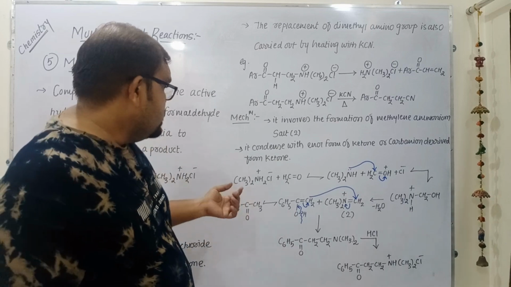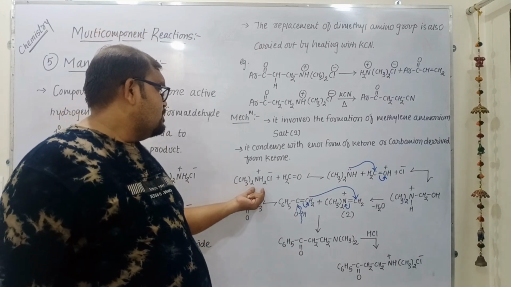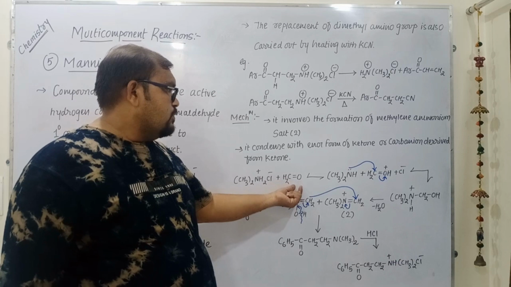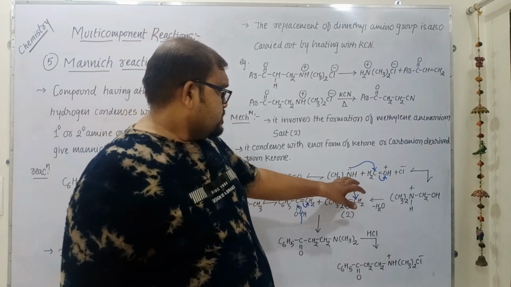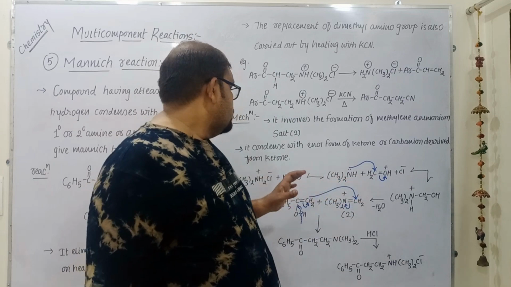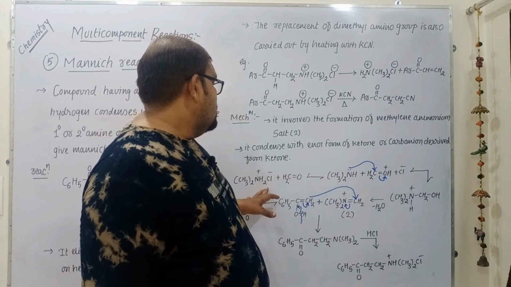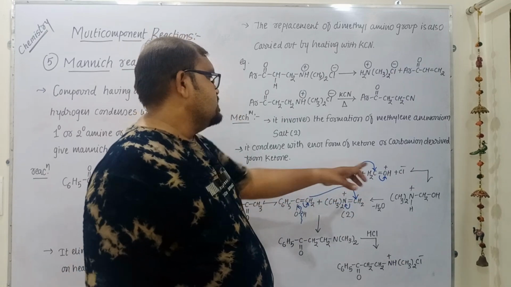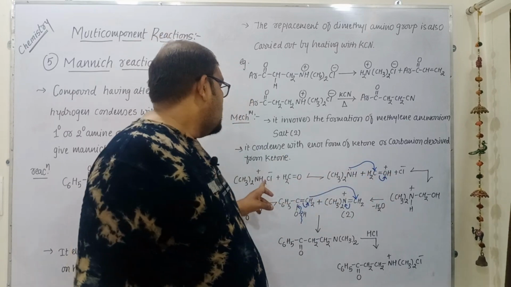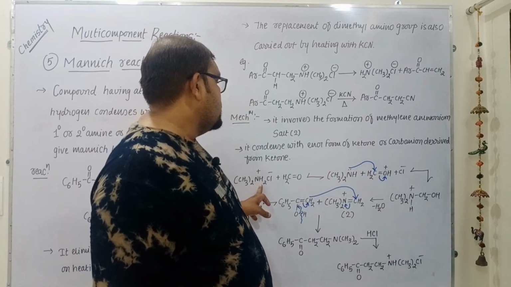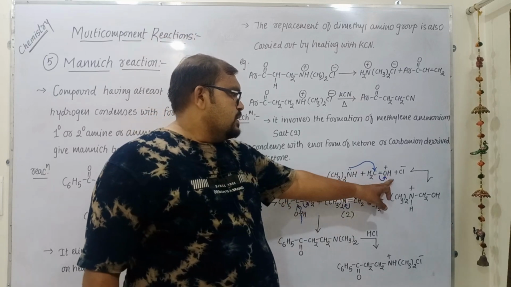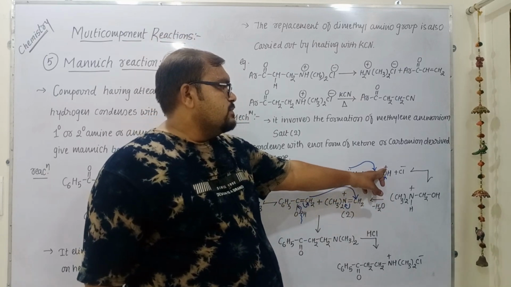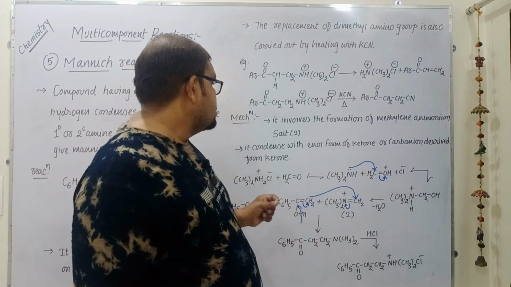So here we can see that dimethyl ammonium chloride reacts with formaldehyde to give such. First of all, what will happen? It will lose Cl minus as an ion. One of the hydrogens of nitrogen is attached to the lone pair of oxygen, and oxygen will get a positive charge. Now in the next step, what will happen?